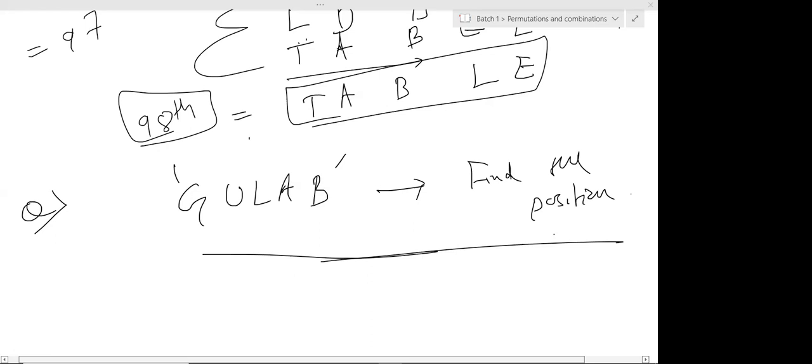Everyone gets stuck the first time, right? Just arrange the letters. First is A, then B, then G, then L, then U, right? So all the letters from A, all the letters from B, then G will come.